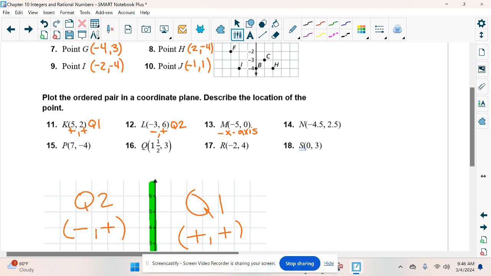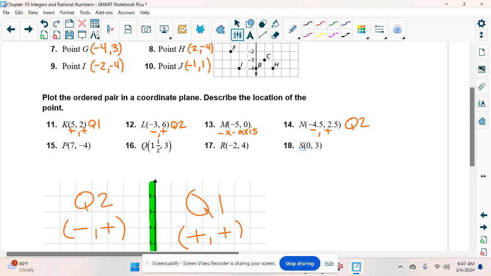All right. Number 14, we have negative 4.5, and we have positive 2.5. So we have a negative and a positive. Where's negative and positive at? Q2. Right. Number 15. What are the signs for number 15?